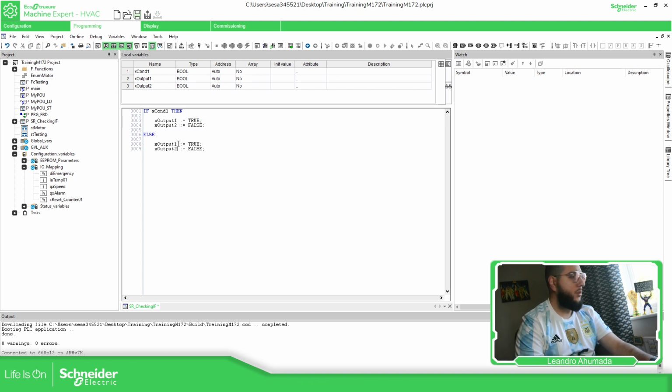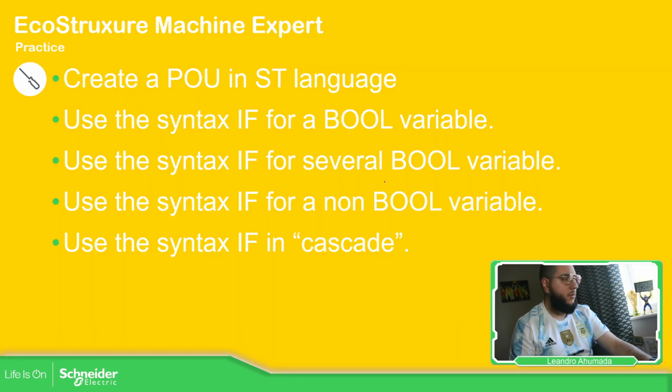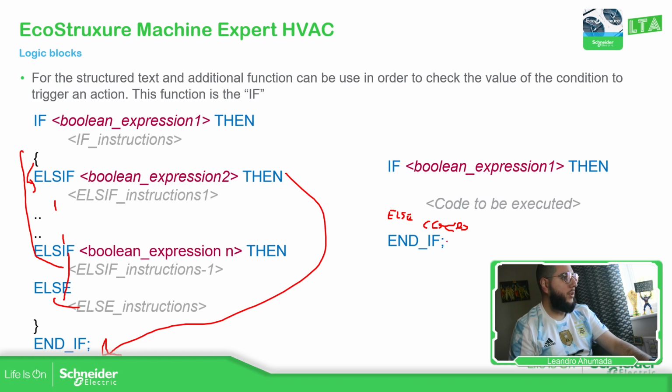This one false and this one too. Then, and if. Maybe I need the semicolon. Let me just check. So we need to put the semicolon at the end, so don't forget it.